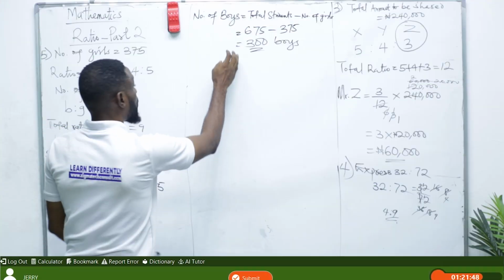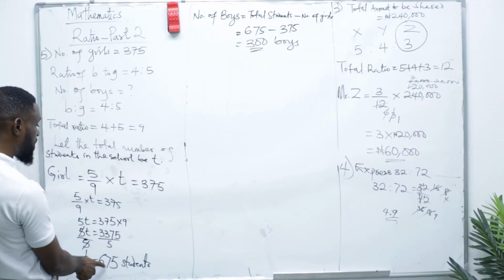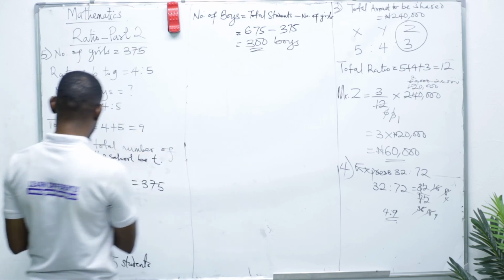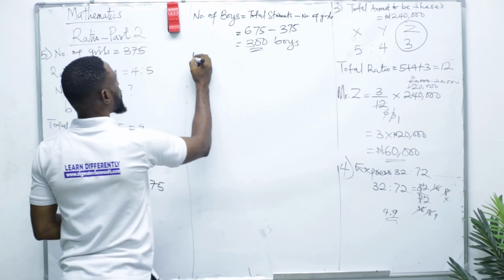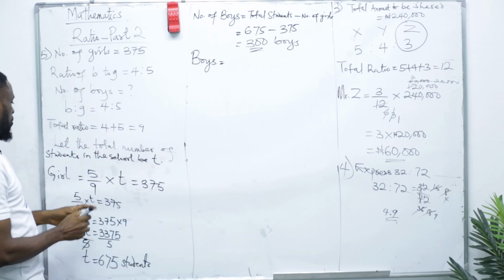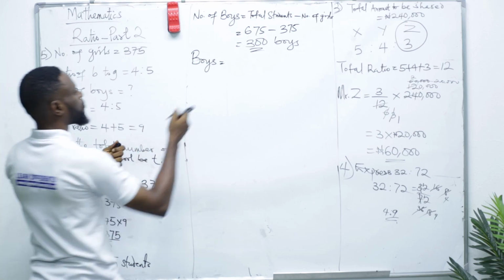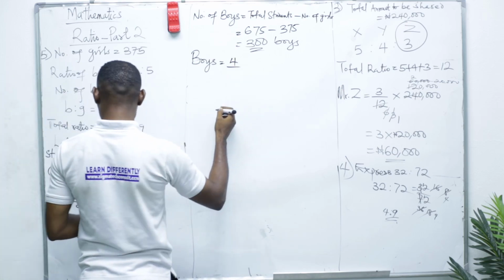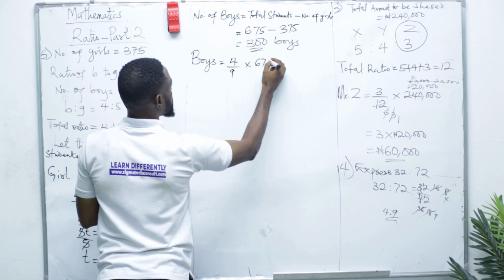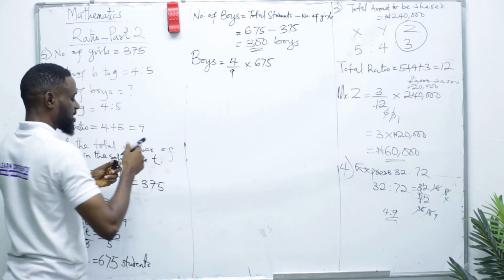If you don't want to use this method, the next thing you can do is the same thing we did for girls. Boys will be equal to the sharing formula for boys, which is 4 over the total 9, multiplied by 675, the total number of students in that school.